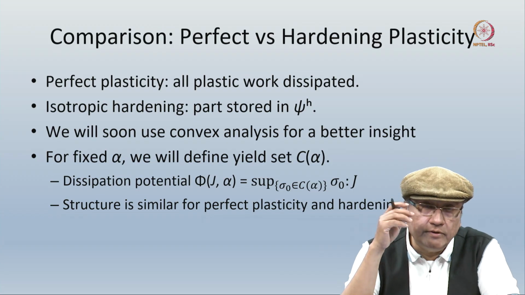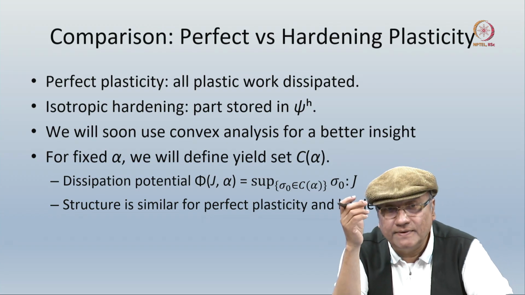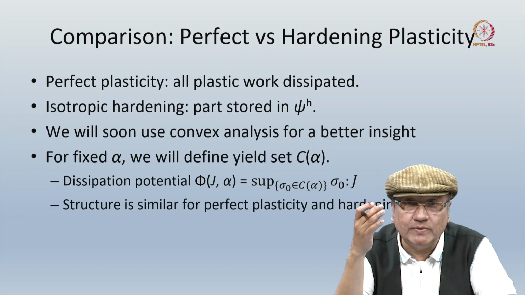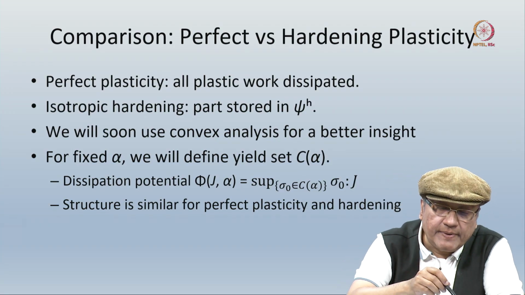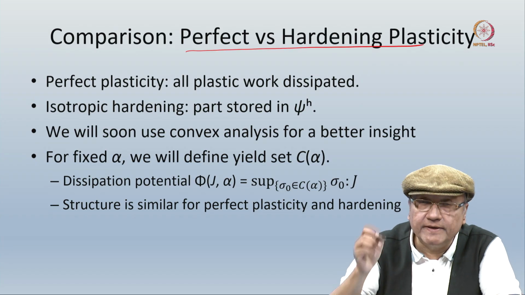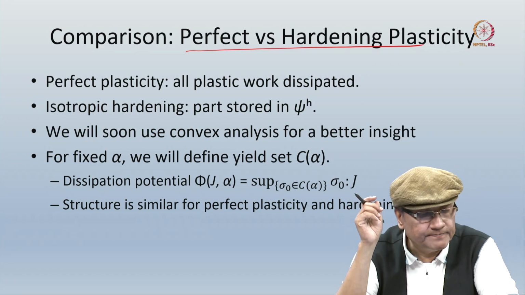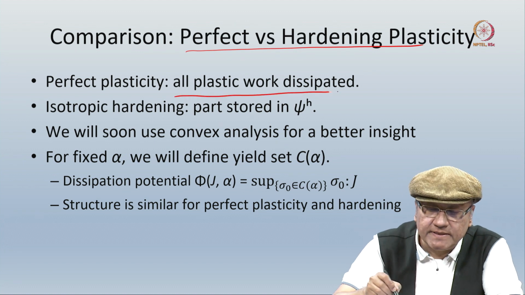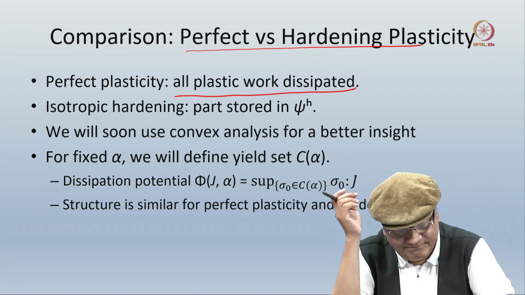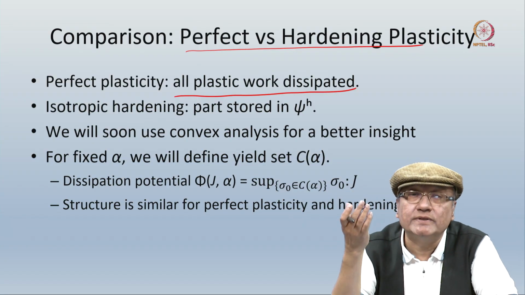Now, just to recollect and to ensure that you understand hardening plasticity well, let us have a quick comparison of perfect plasticity versus hardening. So in perfect plasticity, all the plastic work was dissipated. There was no hardening to store things, right.